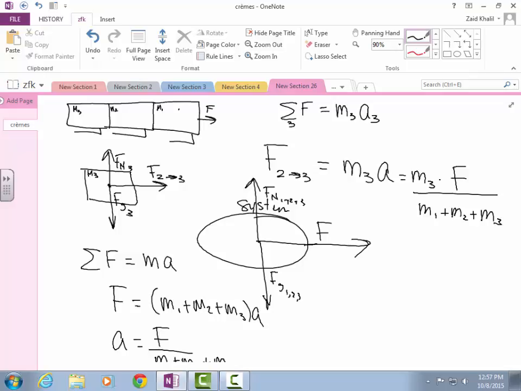And what do we have? That F minus F2 on 1 is equal to M1A. So therefore F is equal to F2 on 1 plus M1A, which is equal to, well, we know what this is because we just found it. What is that?